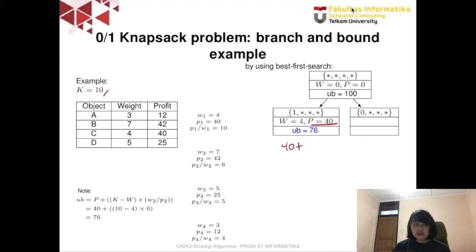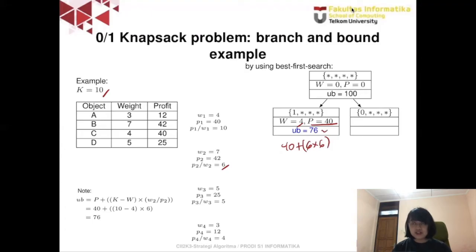Plus, we still have 6 capacity remaining, which is 10 minus 4. And it can be filled with items that have density no more than 6. Okay, there are no other items that have density more than 6. So we multiply the remaining capacity with 6, so it is equal to 76.